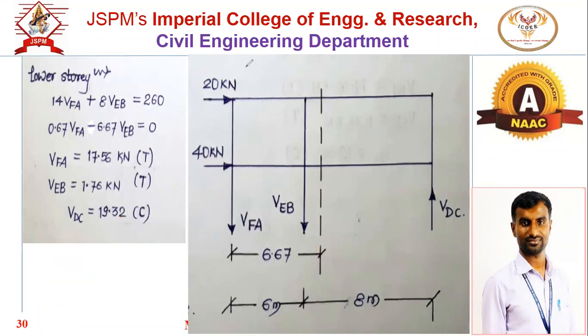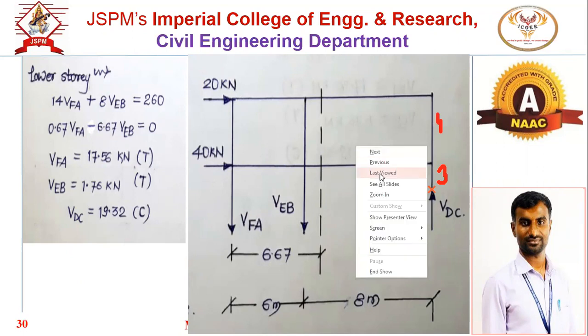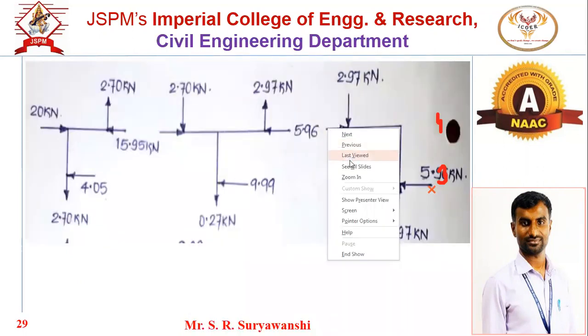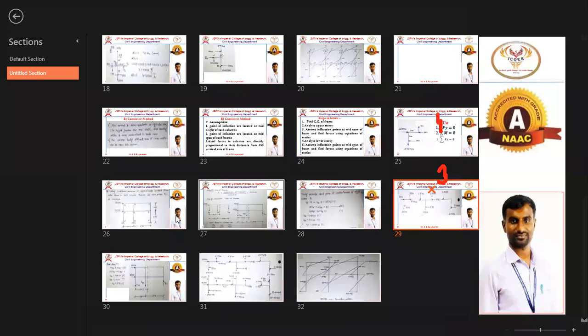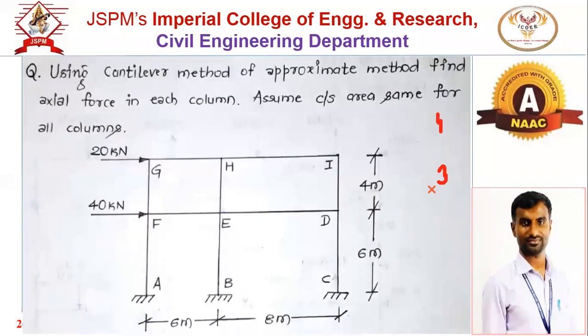And the second condition, take the summation of moment about the right end column at the point of inflection. At this particular point, we have to take the summation of moment. Now, I think this is 4 and this is 3. Okay. Height of the column will be how much?